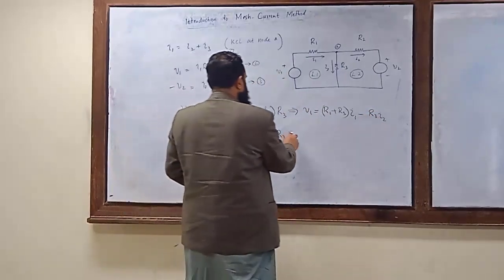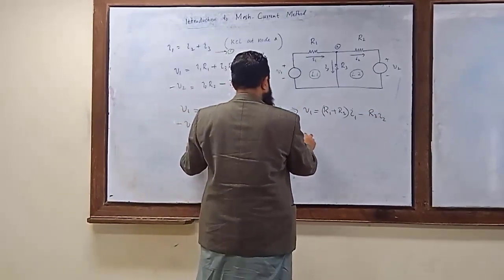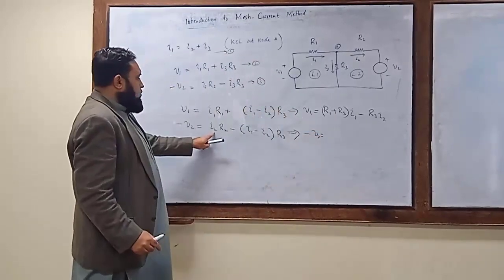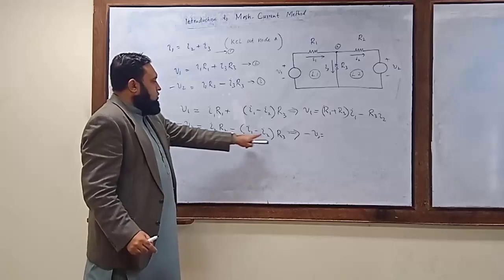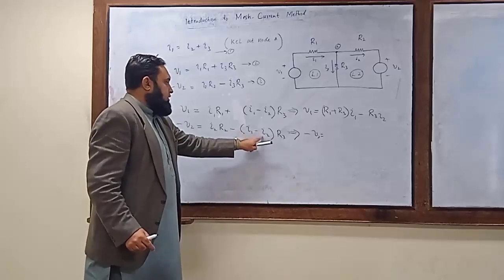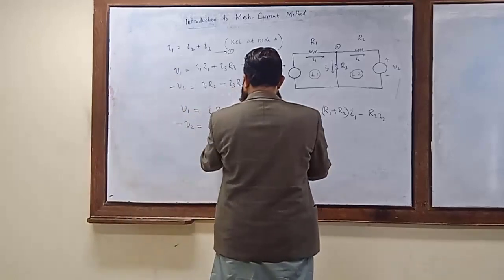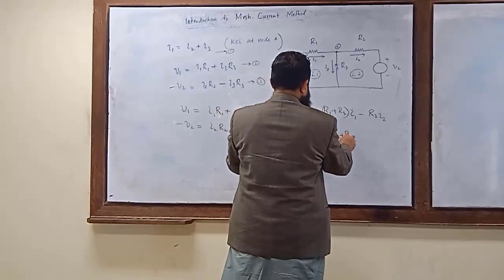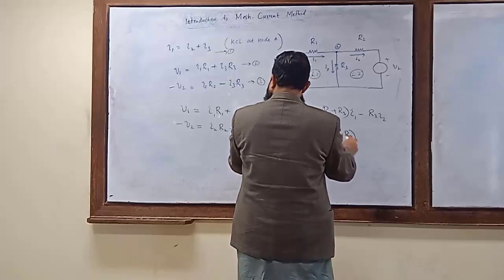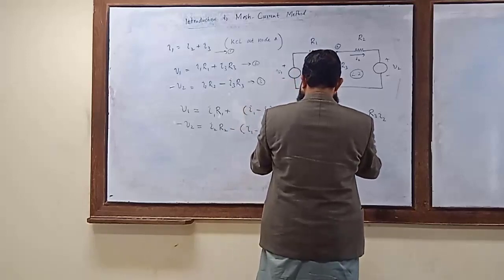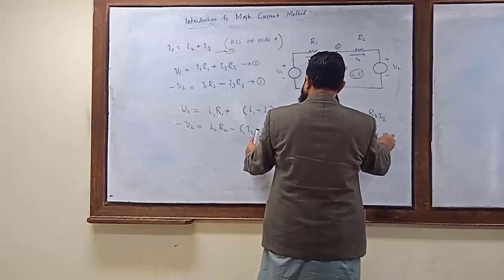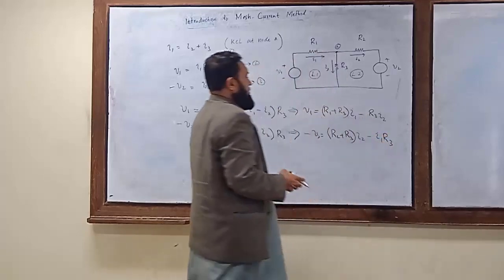And here minus V2 is equal to, now here I2, and this is also I2 R3, so minus into minus plus, so we can write this as R2 plus R3 times I2, and here it is minus I1 R3.